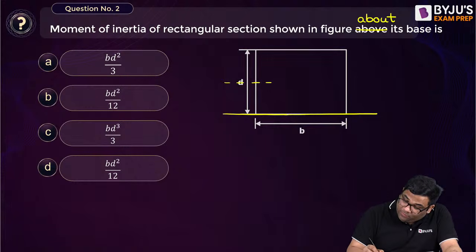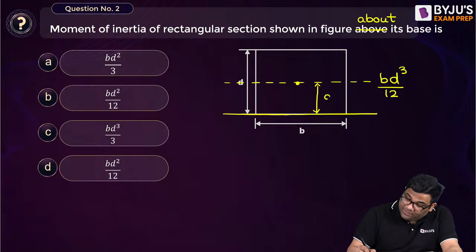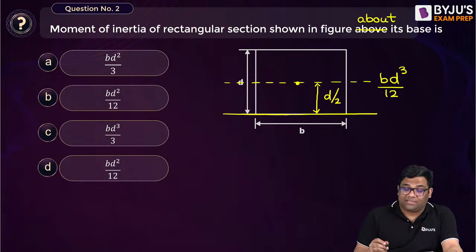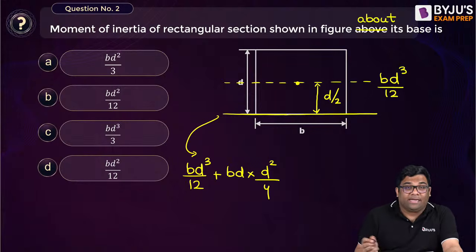See, if you know the formula beforehand, very nice. If you don't know, we know that about the centroidal axis it is BD cube by 12. And this distance will be D by 2. So I can use the parallel axis theorem. About this axis it will be BD cube by 12 plus the area into distance square, D by 2 square.